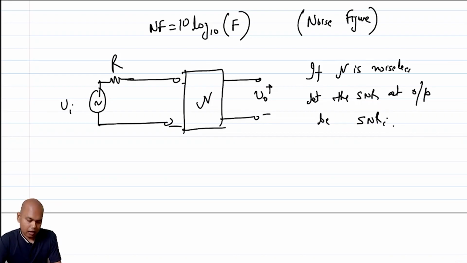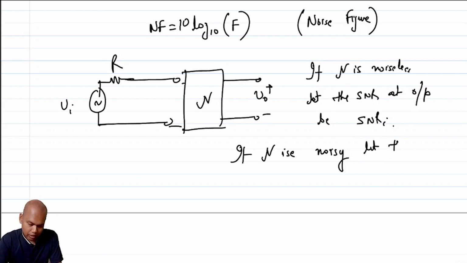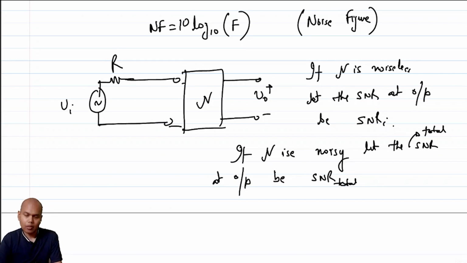And if N is noisy, let the total SNR at the output, including the source, be SNR total, right?